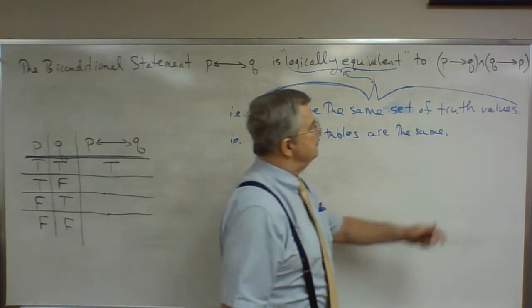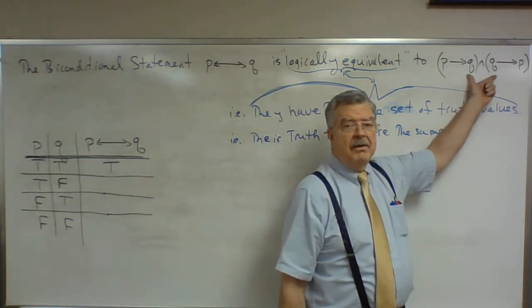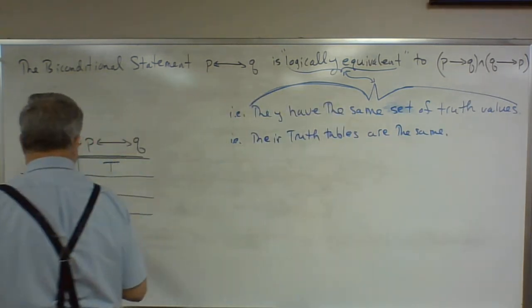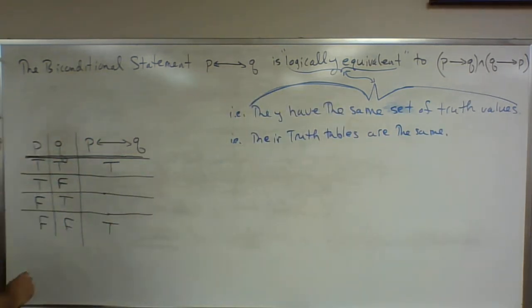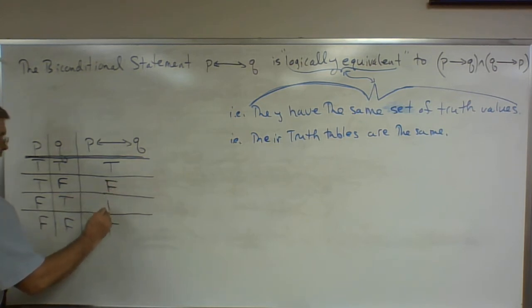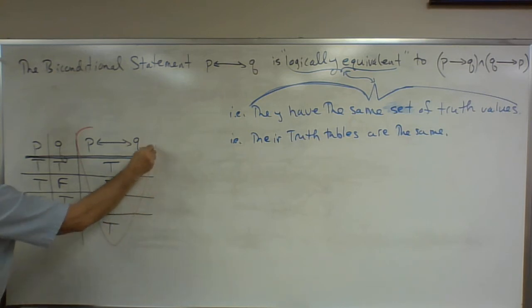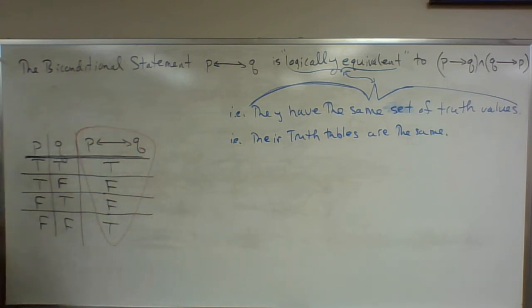And this thing was true when both P and Q were false. The other two times this statement was false. So this is the truth table for the biconditional.